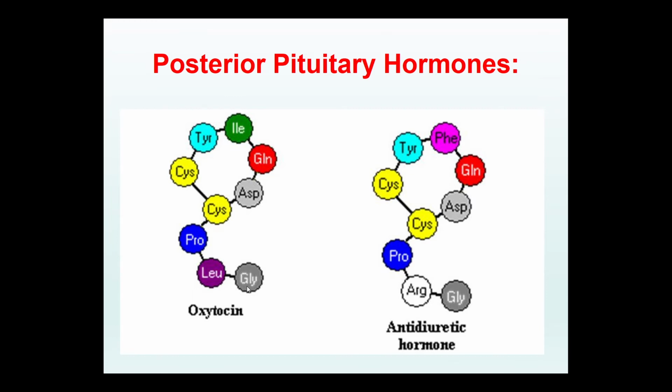Both of them are nonapeptides. They consist of 9 amino acids, and they differ from each other only in 2 amino acids. Pay attention: here leucine, here arginine; here isoleucine, here phenylalanine. All other amino acids in them are absolutely the same.